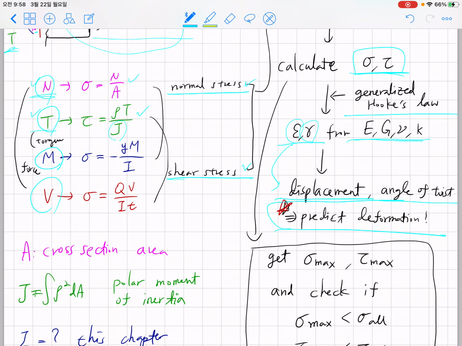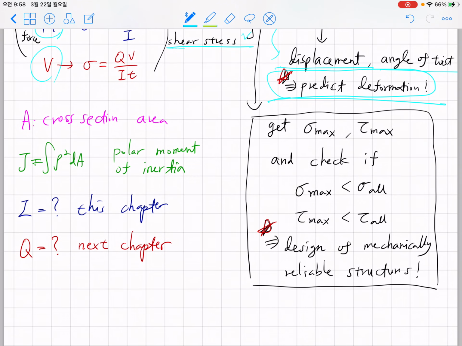In the end we predict deformation, and because we also get normal stress and shear stress, we can check whether the maximum normal stress and maximum shear stress are smaller than the allowable normal stress and allowable shear stress. This can be considered the design of mechanically reliable structures.